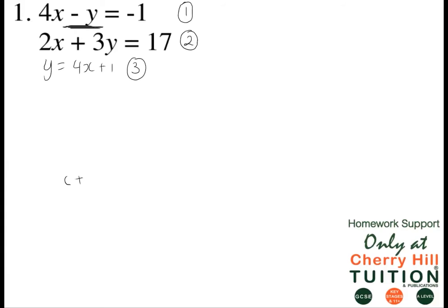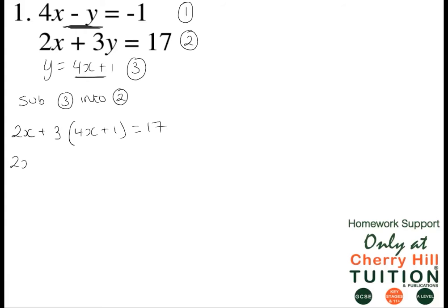Okay, the next step is to substitute this equation 3 into equation 2. So 2x plus 3y. Now we know that y is 4x plus 1, is equal to 17. And now we just need to expand and simplify.